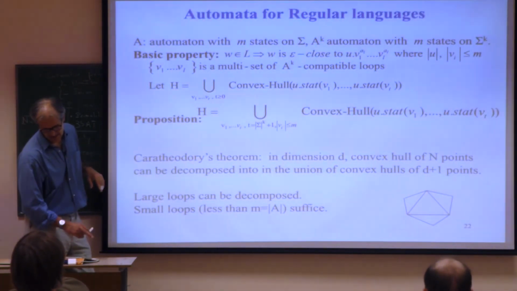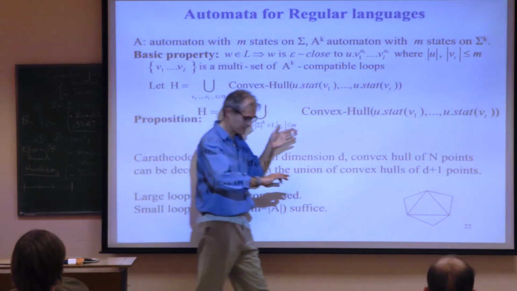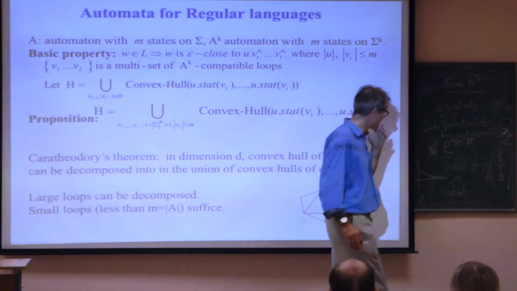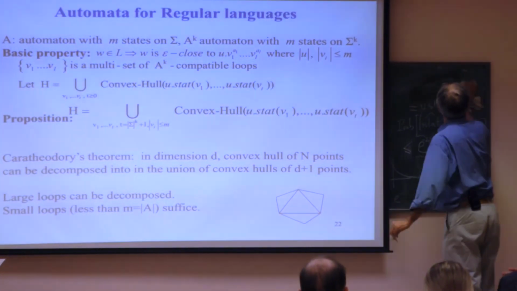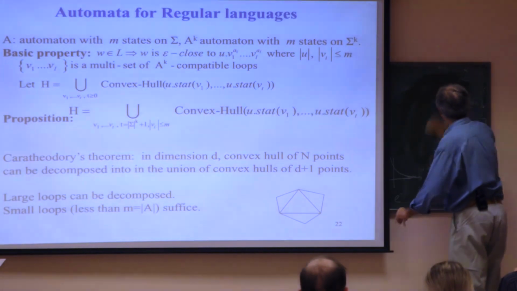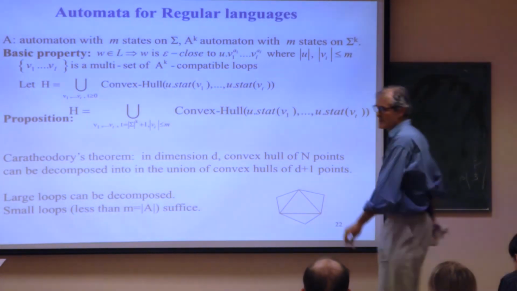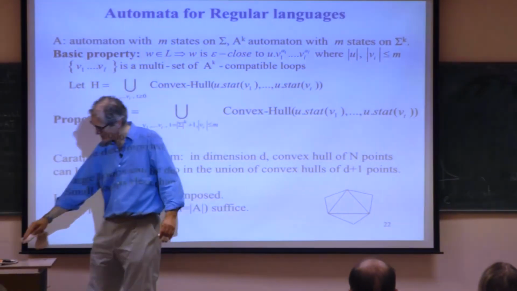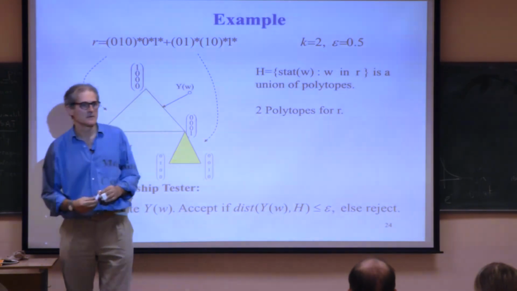And so now what happens with regular expressions. Remember, let me give you a sketch and then we'll do the argument tomorrow. Let's look at the picture. Here is an example.